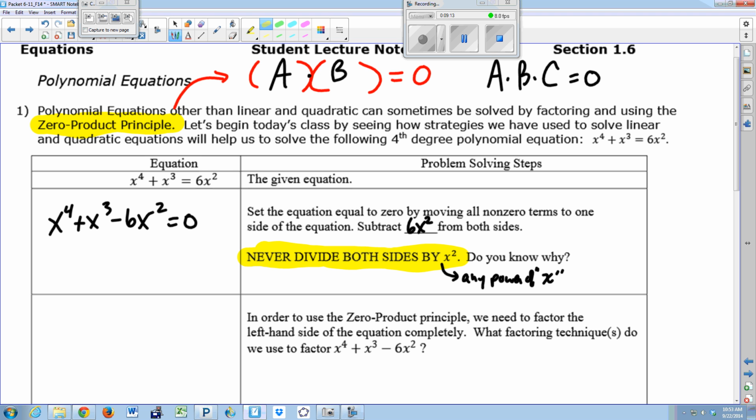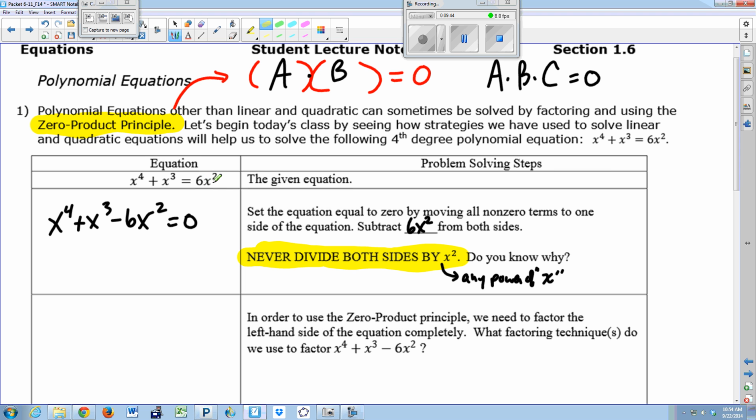Okay, any power. Does anybody want to take a guess why right now? Like, can you think of why we wouldn't want to do that? Yeah, Anna? Okay, let's take a guess and then I'll hear the question. Six.